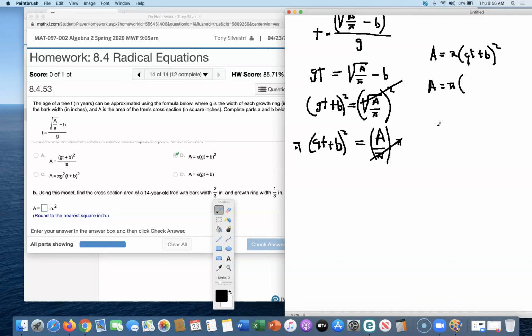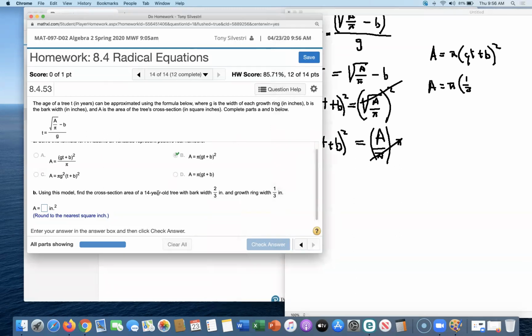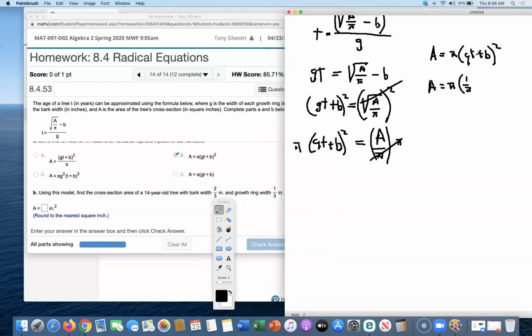The growth ring is G. The G is growth ring, 1/3, times T, for a 14-year-old tree, T is 14, plus B. Where is B? Bark width is 2/3. B is 2/3. Square it.